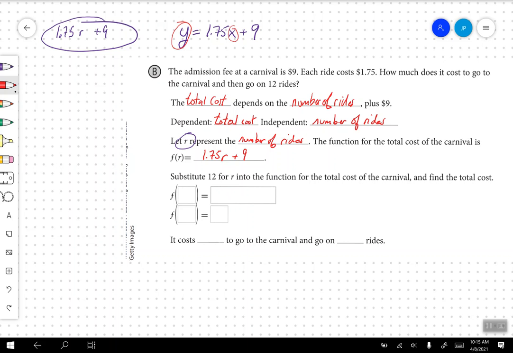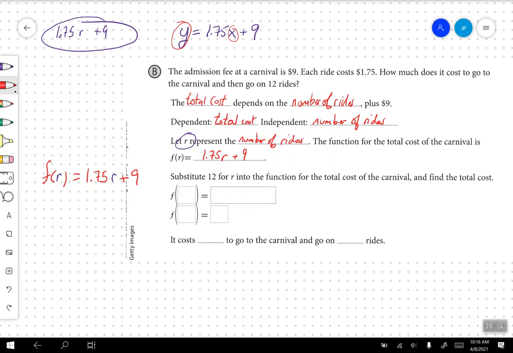All right, the power of function notation is you can focus on one thing at a time, specifically one thing. So what we're going to do right now, and I hope I can make this make sense, okay, I have f of R equals 1.75R plus 9.